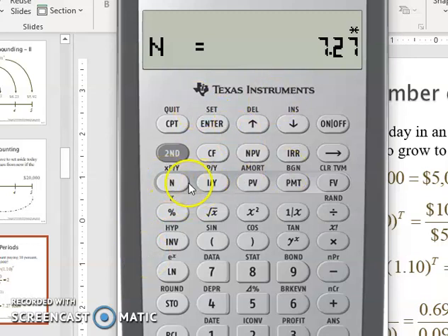One thing to point out: when using the time value of money keys, the book shows it using this clear time value of money function. I do not use that. The way I overcome that is every time I do one of these calculations, I enter 4 of the 5 — N, I/Y, PV, payment, or future value — and I solve for the 5th.